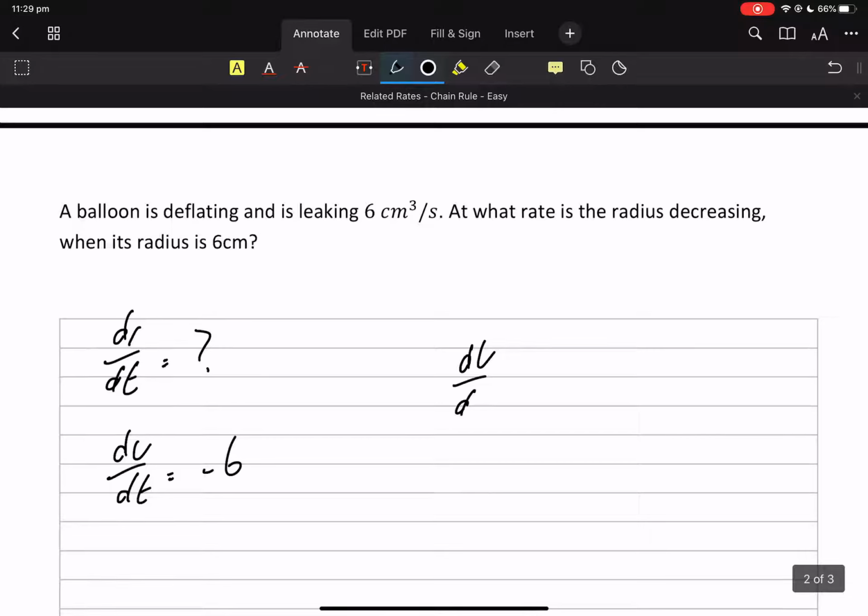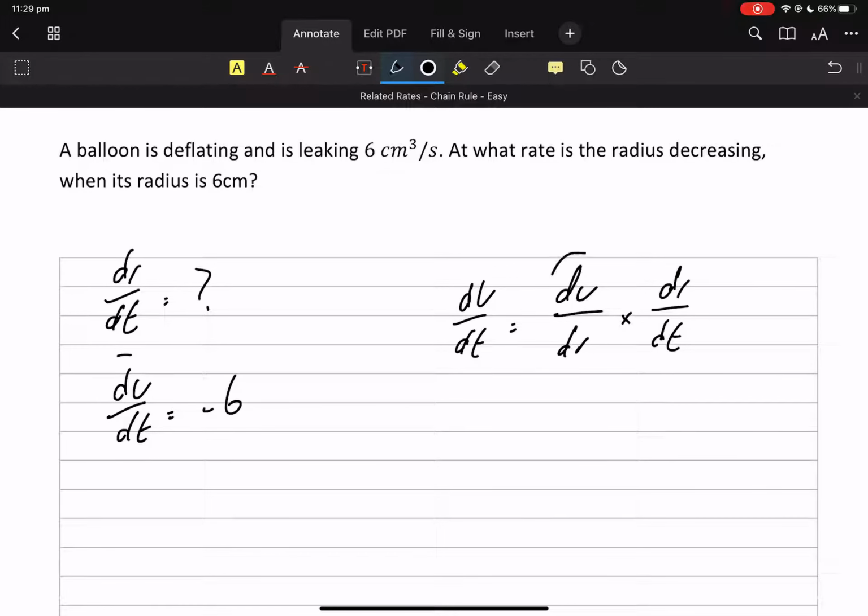dV dt. So we need the dt at the bottom. So that's that one, yeah? dr. So that means we need a dr at the bottom and a dV at the top. That's what we don't know.